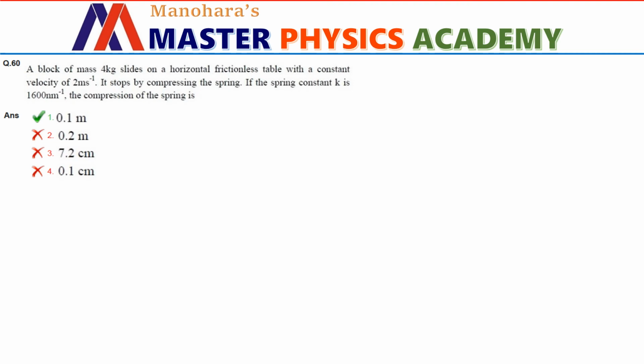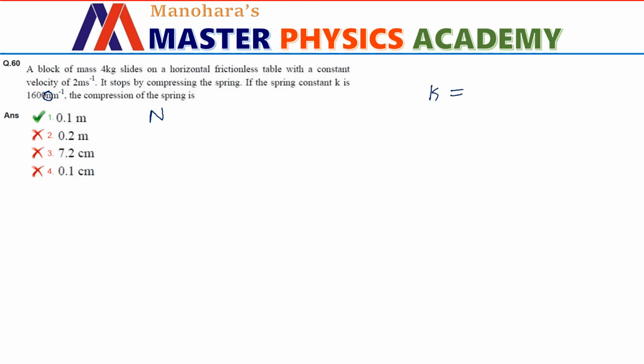A block of mass 4 kg slides on a horizontal frictionless table with a constant velocity of 2 meter per second. It stops by compressing the spring. If the spring constant K is 1600, here the small letter n is given. It should be capital N, since the unit of spring constant is Newton per meter.